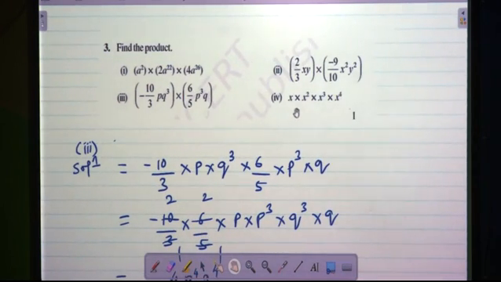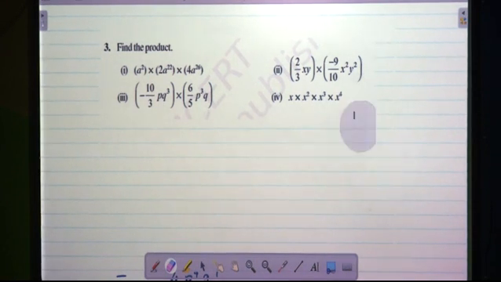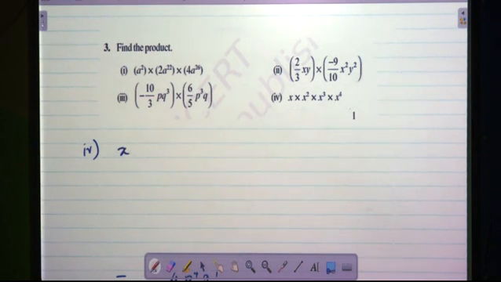Now what is here? Product of x into x square into x into x square into x raised to 3 into x raised to 4.